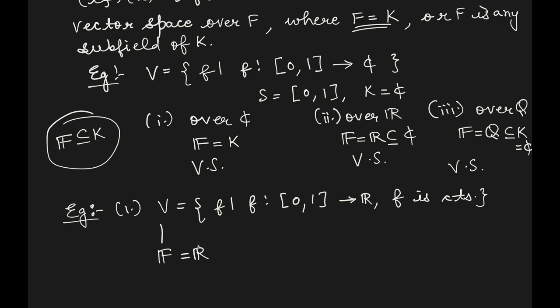Well, F is R and the image of V is also R. So yes, it is a vector space. All the properties will be satisfied, and the first property is also satisfied, that closure property with respect to addition, because the sum of two continuous functions is again a continuous function.